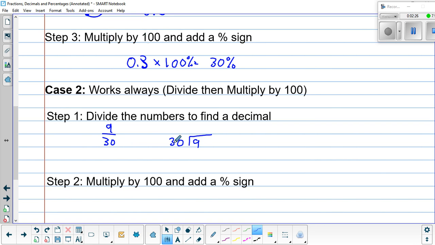So 30 can't fit into 9, so we put a decimal. But 30 can fit into 90. How many times? 3 times. So sometimes it's just as easy to do the division. Now we times it by 100. So 0.3, and this part is the same, right? Times by 100, so we get our 30%. So same result.